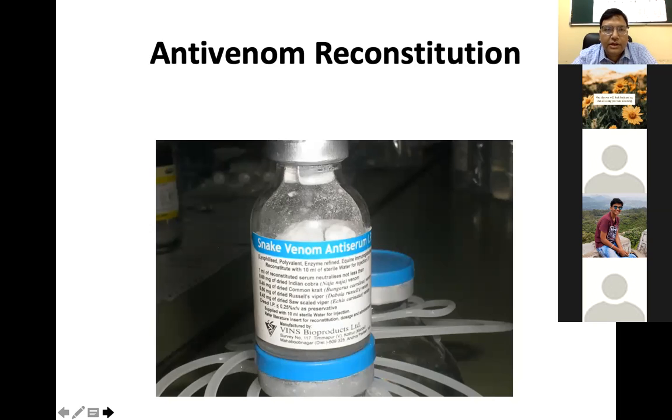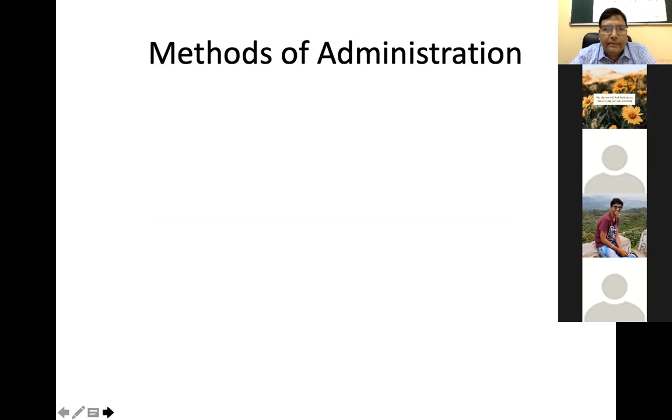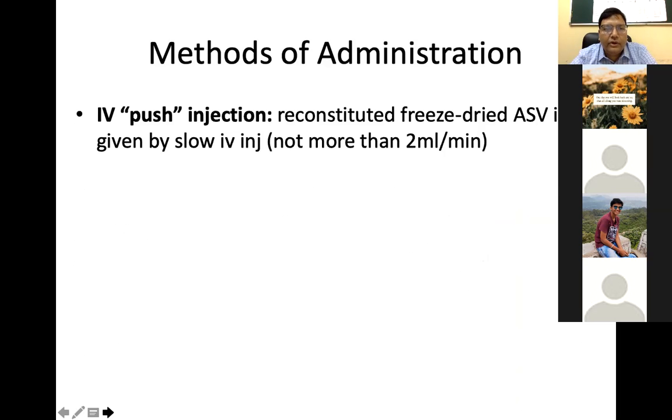How are we going to reconstitute it? This freeze-dried lyophilized anti-snake venom powder is in the vial, and we have to put 10 ml of sterile distilled water per vial. How are we going to administer? There are two methods: the IV push method and the infusion method.